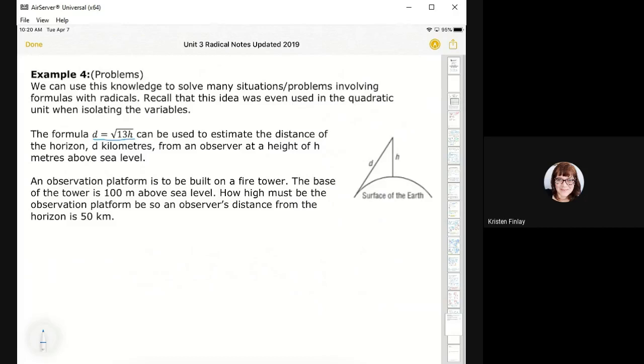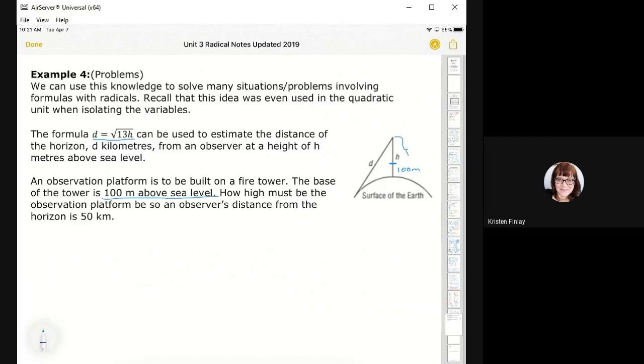Now, an observation platform is to be built on a fire tower. The base of the tower is 100 meters above sea level. How high must be the observation platform so that an observer's distance from the horizon is 50 kilometers? So we're going to build an observation platform here, and that means that this is 100 meters. So that's the 100 meters above sea level.